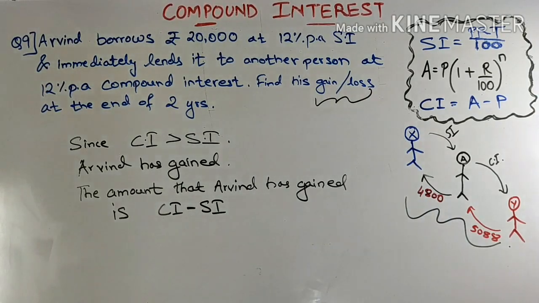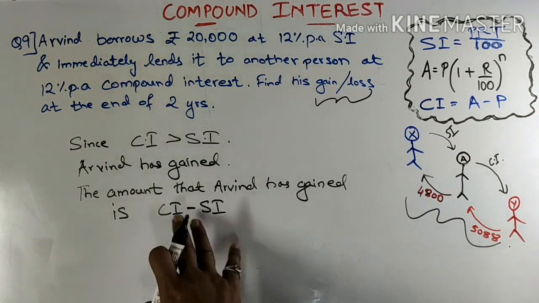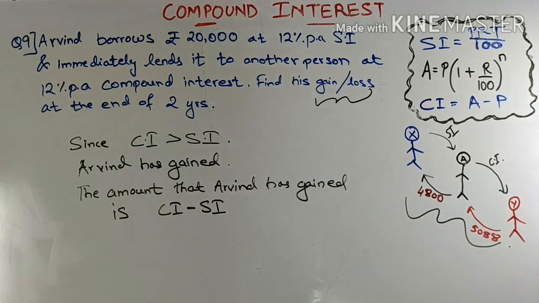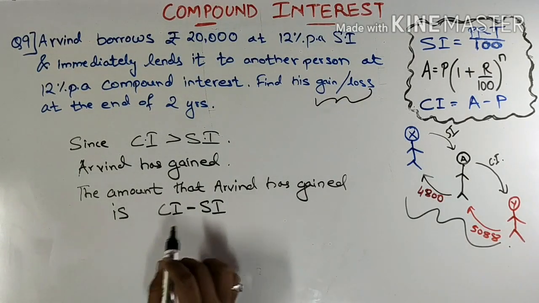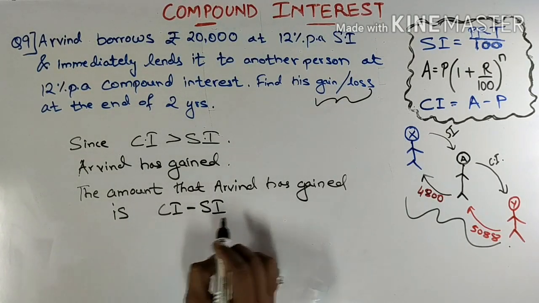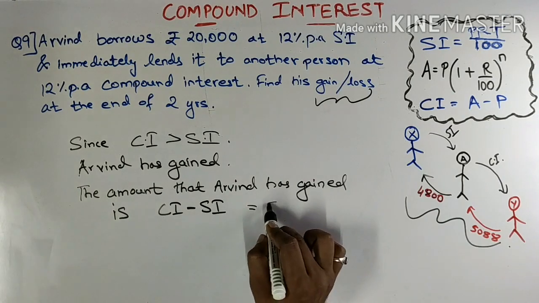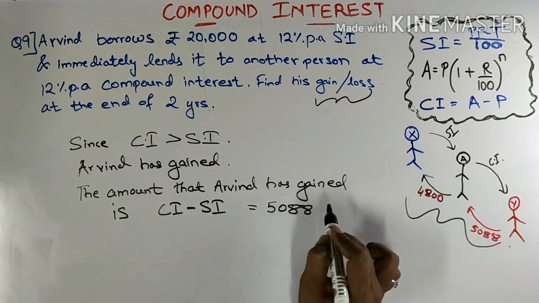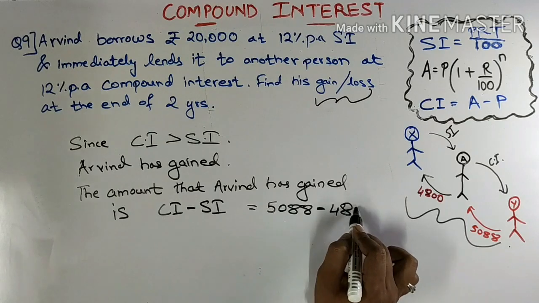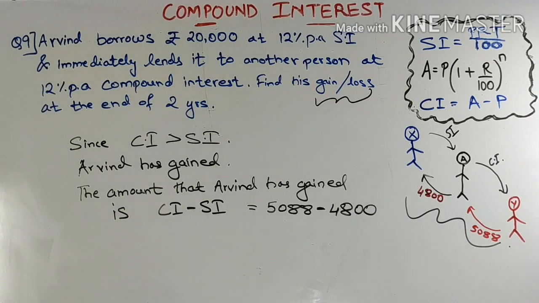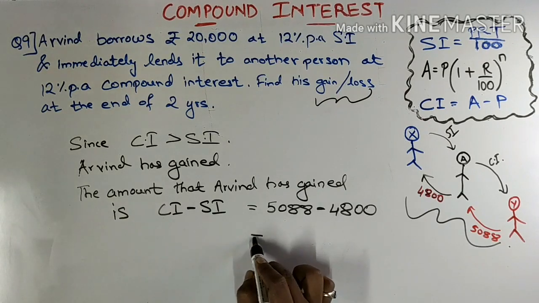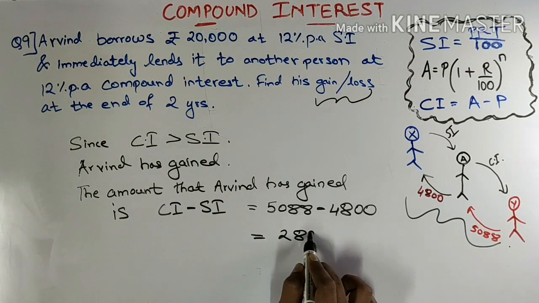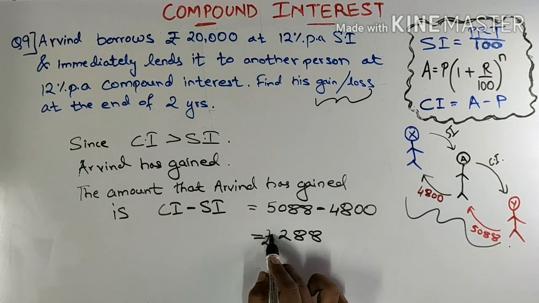That is nothing but the difference between the compound interest and the simple interest, the type of problem that we have done in the previous videos. So this is 5,088 minus 4,800, which gives me 288.